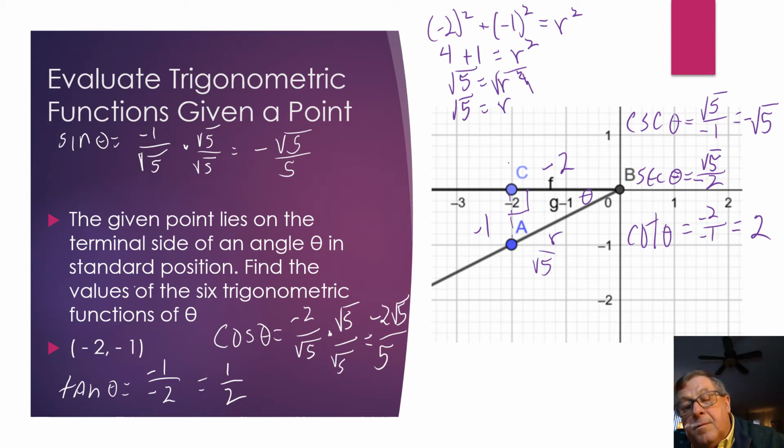One thing we want to think about and emphasize right here, when I'm looking at the coordinate plane: in the first quadrant, all of my trig functions are going to be positive. If it's in the second quadrant, the sine functions are going to be positive, but all the other functions are going to be negative. If we've got an angle in the third quadrant, my tangent functions are going to be positive, but my sine and cosine functions are going to be negative.